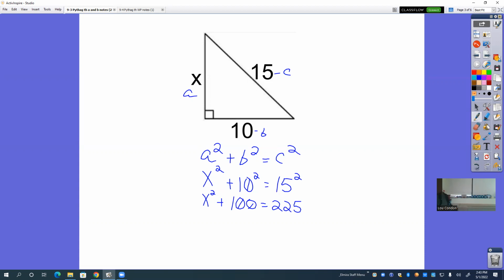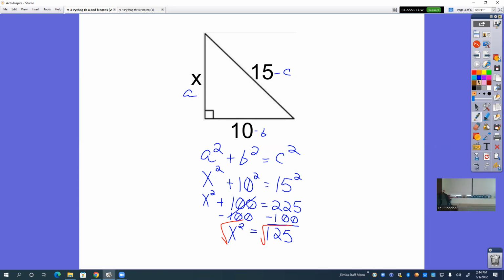So we have to isolate the variable first. So we cancel by subtracting 100 from both sides. X squared equals 125. And then the opposite of squaring something is to take the square root of both sides.